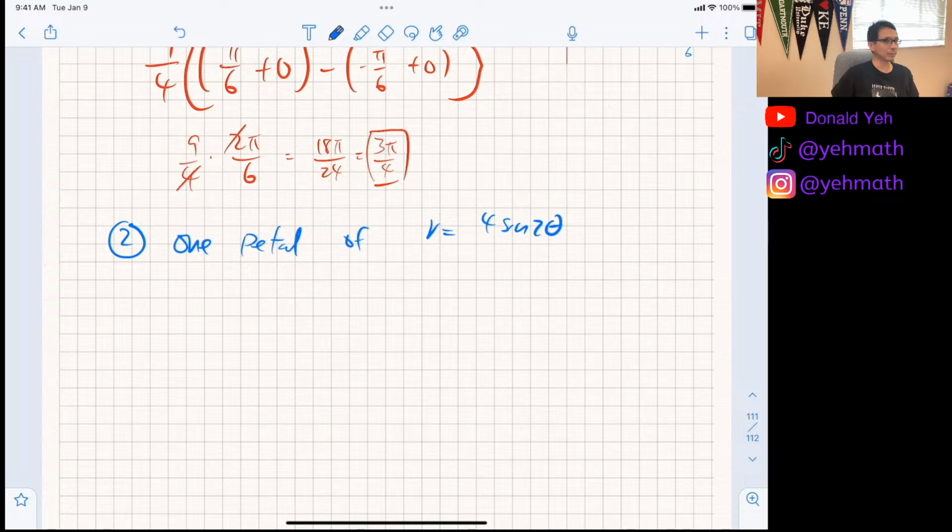Yes, that's one petal. But negative pi over 2 to pi over 2 is two petals. Just 0 to pi over 2 is fine. We already found ours.